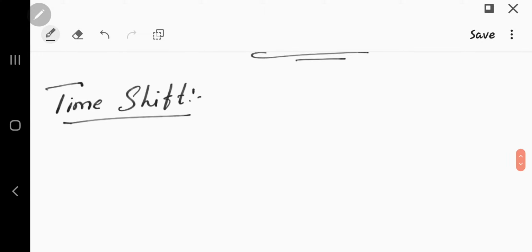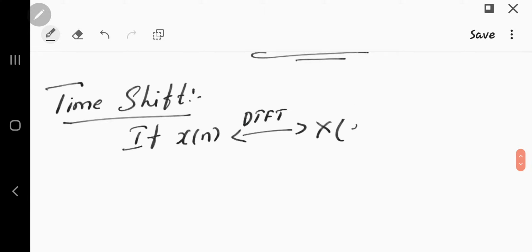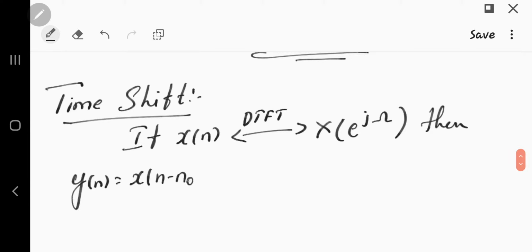So what does the time shift property say? It says if x of n gives X of e power j omega, then y of n is equal to x of n minus n naught.